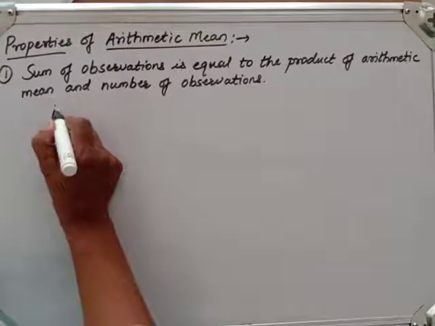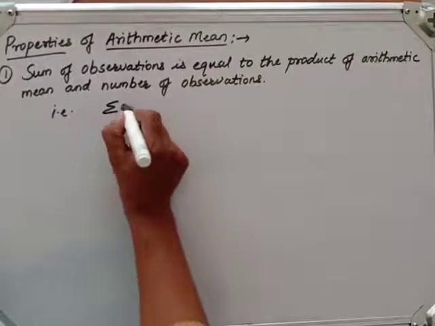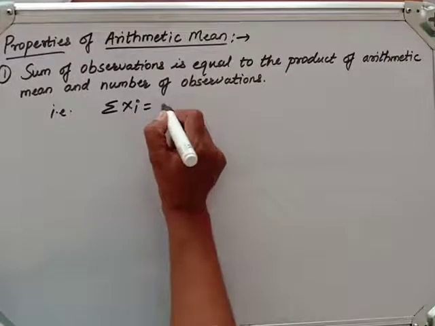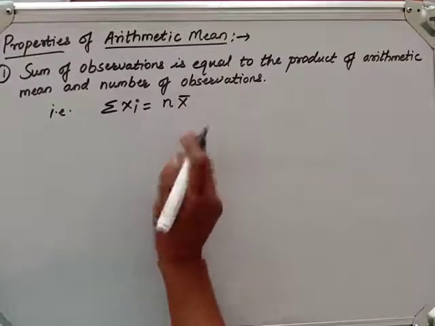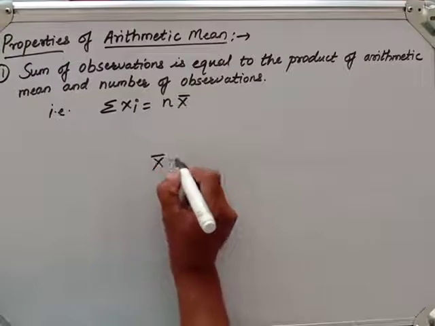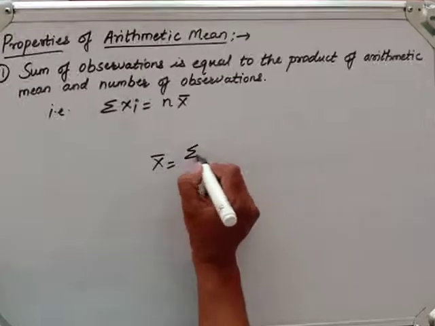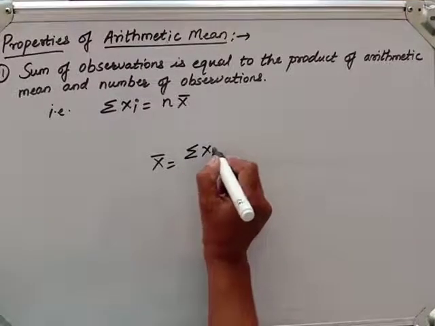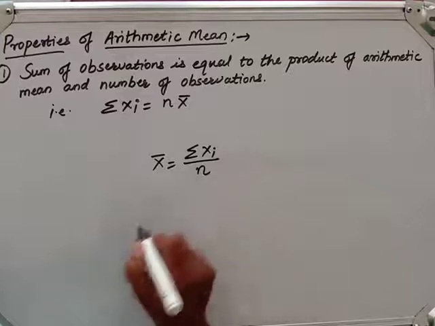That is, summation xi is equal to n into x bar. It is obvious, the result for individual series is that x bar is equal to summation xi upon n.